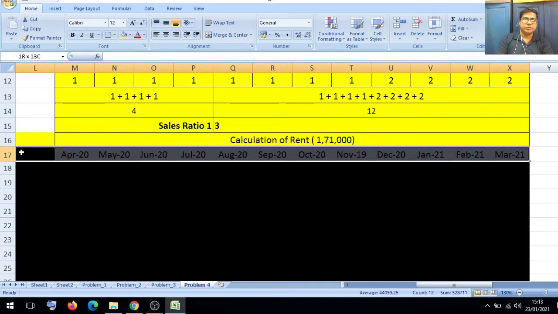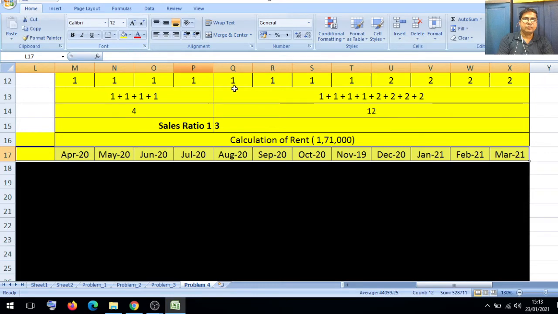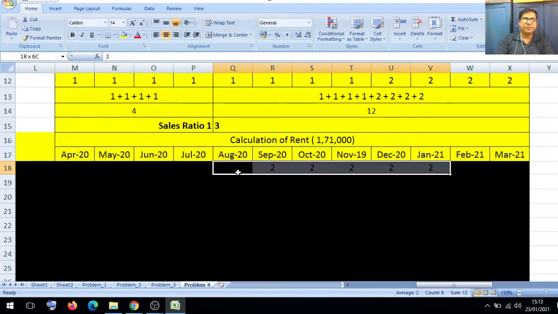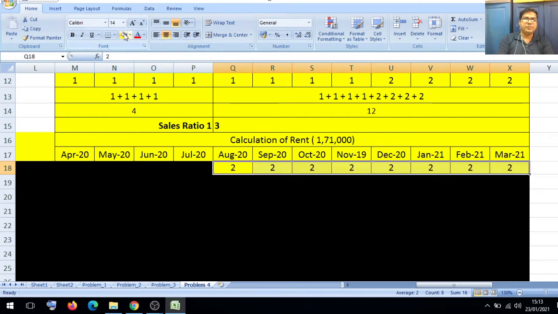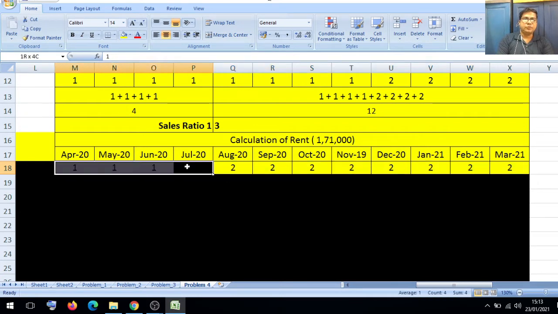Post-incorporation and pre-incorporation period. Now they say that in the post-incorporation period it was double, so from August to March, this post-incorporation period, we will keep 2 because it was double. It means as compared to the pre period, pre period rent was single and post period rent was double.